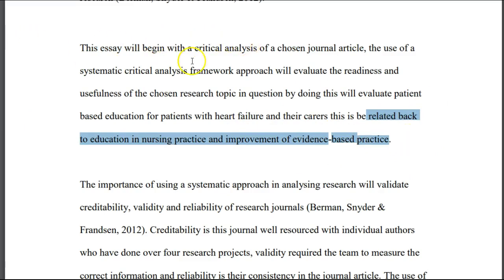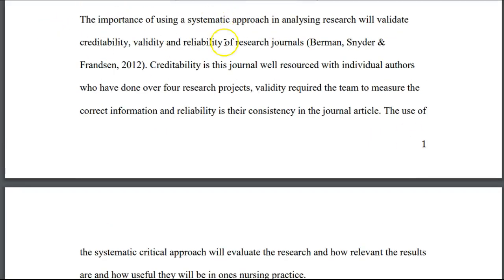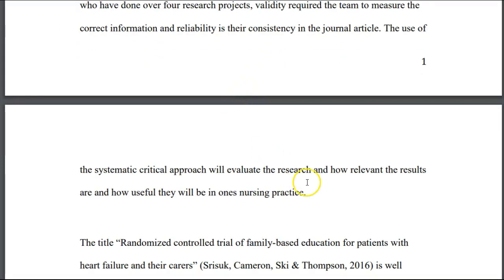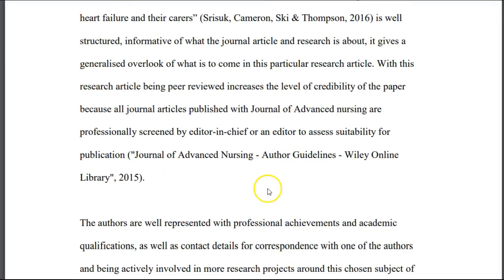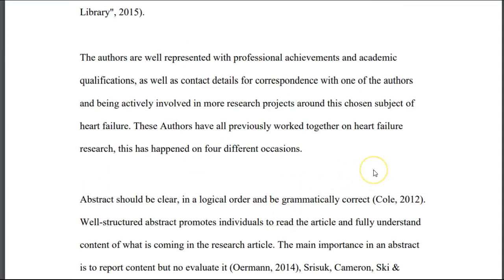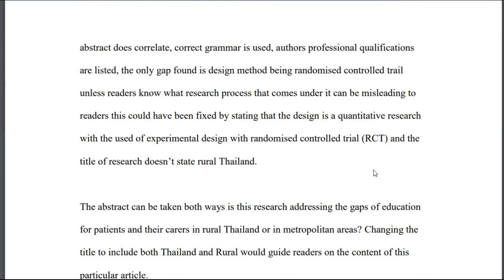So it says, well, critically analyse the journal article and tell us whether it's useful to be used in practice effectively. Here the person also tells us why we would use a systematic approach to analysing research, which is useful. But again, we don't see a lot of signposting within the paper.